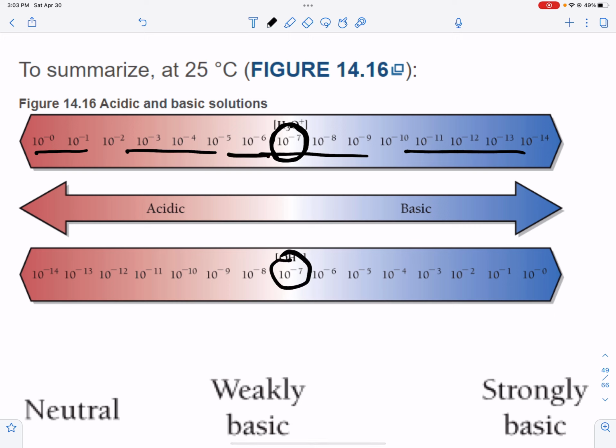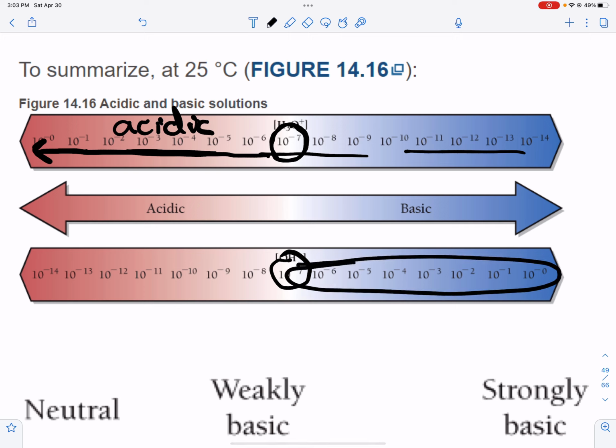So any number that is smaller than that for the hydronium will mean acidic. Any number that is bigger than 10 to the minus 7 for the base, that's what we call basic.